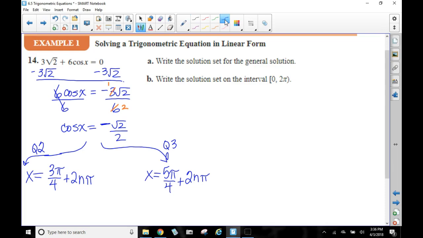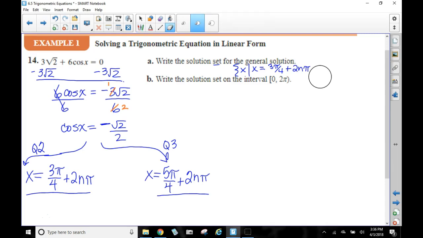So when they're asking for the general solution, this is what you write. We're going to write the solution set, so it's going to be the set of all values of x such that, remember the vertical bar is read such that, x is equal to 3 pi over 4 plus 2n pi, or x is equal to 5 pi over 4 plus 2n pi.